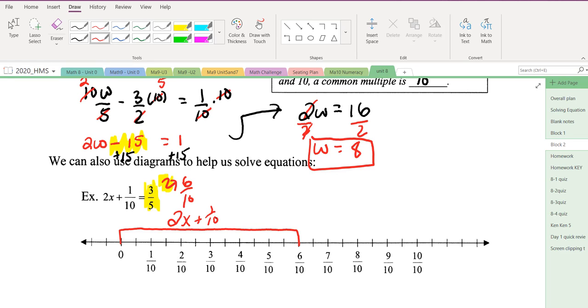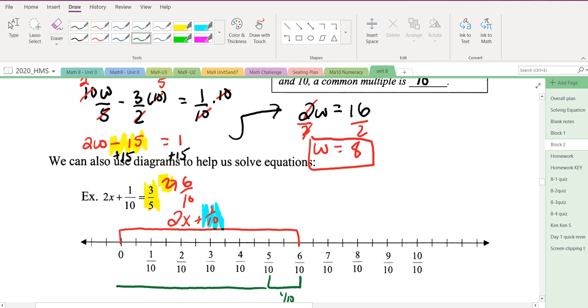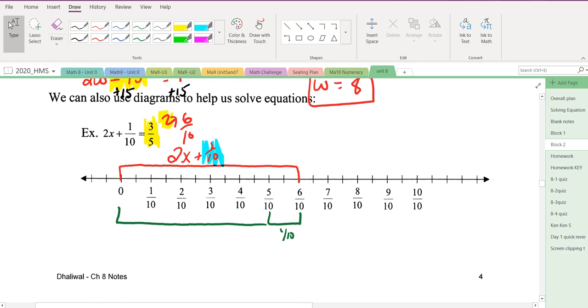Okay, next. We have a number here. We know some of this space is just 1/10. So we take off 1/10. That means the remainder of this space must be the 2x. All right?